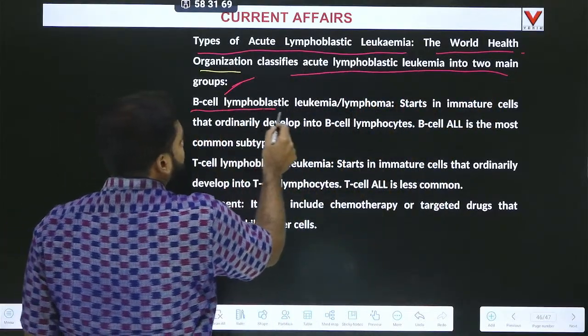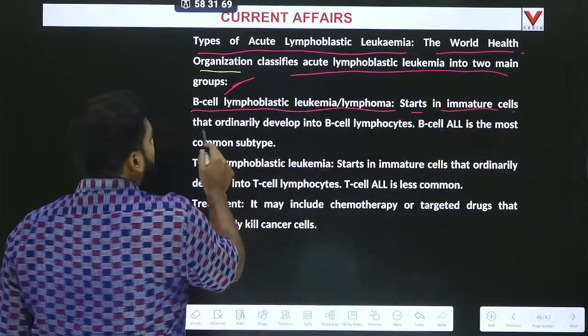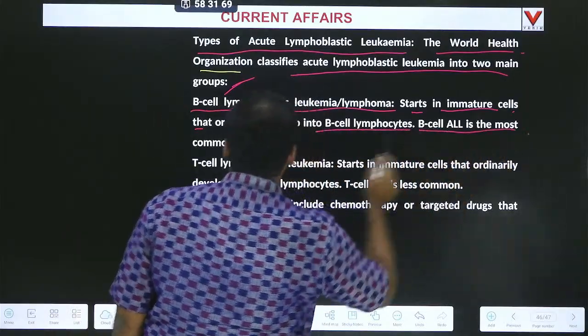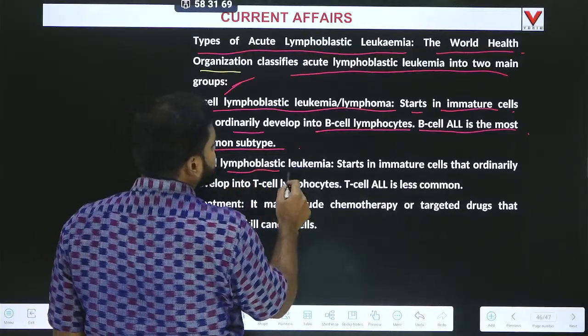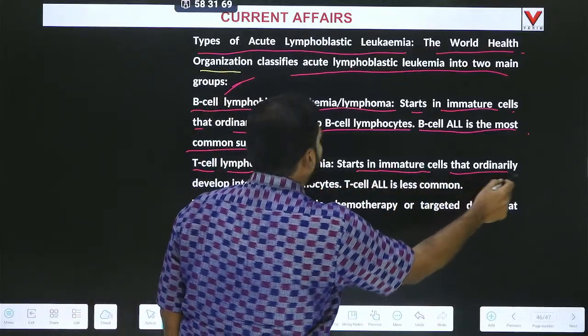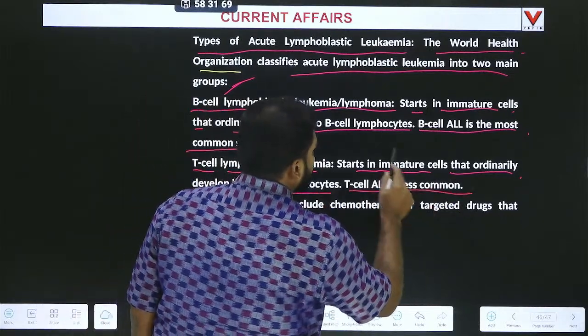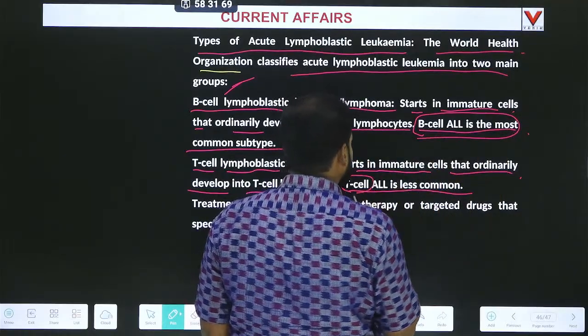B cell lymphoblastic leukemia starts in immature cells that ordinarily develop into B cell lymphocytes. B cell ALL is the most common subtype. T cell lymphoblastic leukemia starts in immature cells that ordinarily develop into T cell lymphocytes. T cell ALL is less common. This is highly prevalent, this is less common, right?